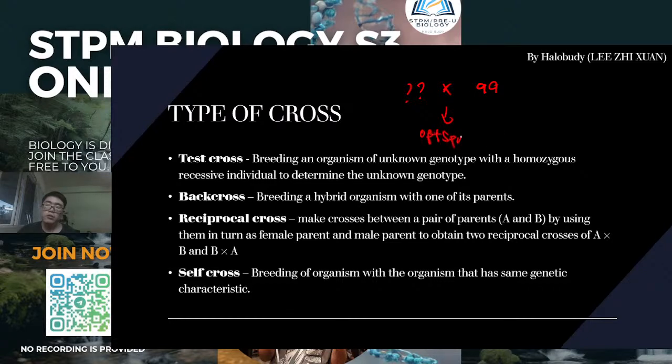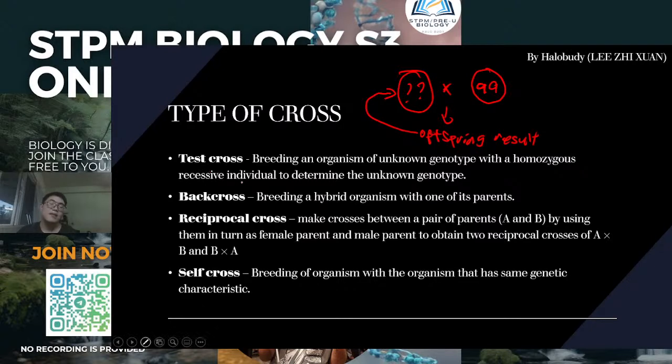Based on the offspring characteristics, we can determine the genotype of this organism. So when an organism is crossed with the homozygous recessive, it means this organism undergoes a test cross.